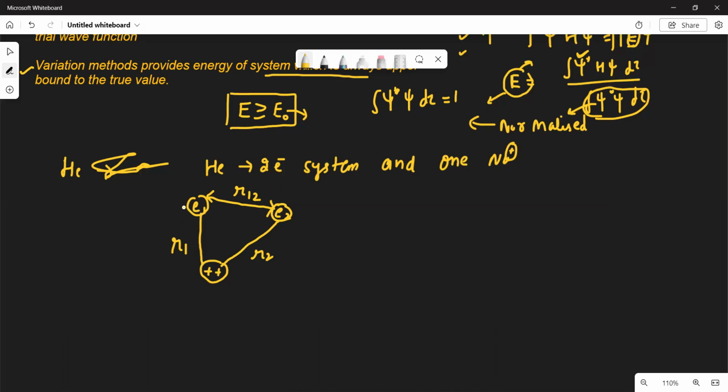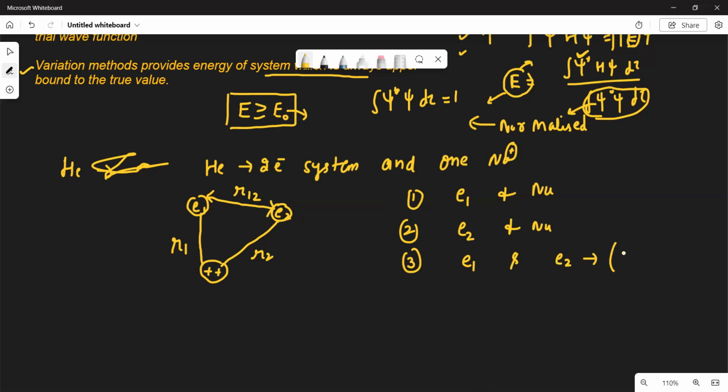Here you can see that in this system, three interactions are taking place. The first interaction is between electron 1 and the nucleus. The second interaction is between electron 2 and the nucleus. The third interaction is between electron 1 and electron 2.